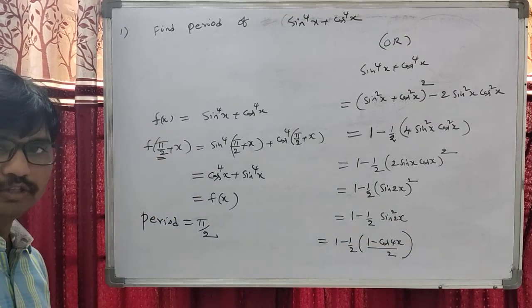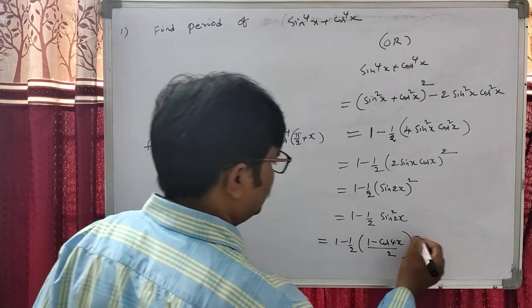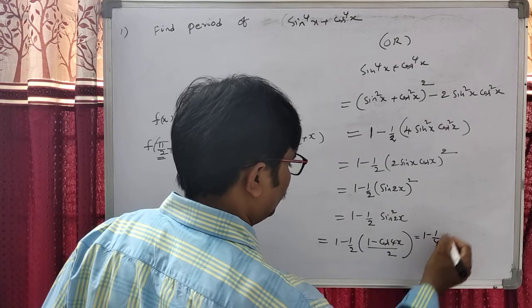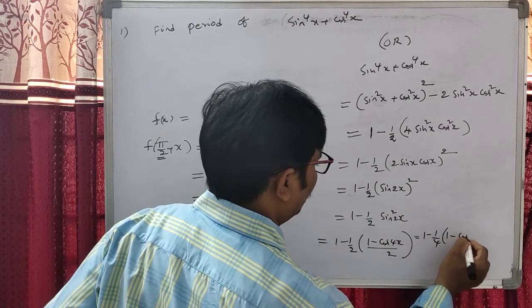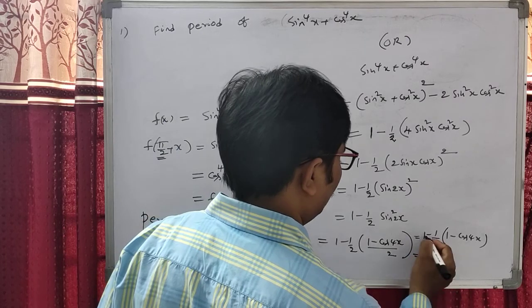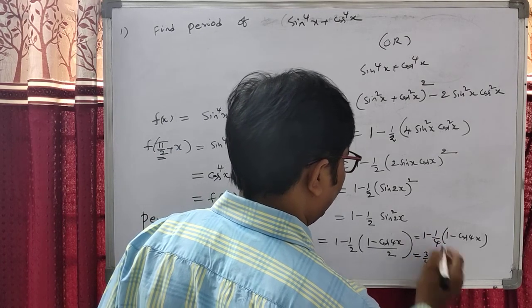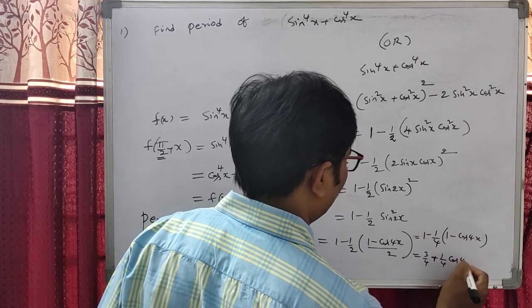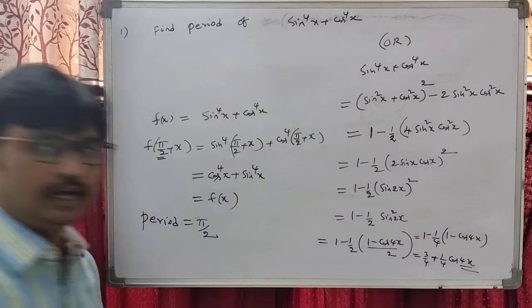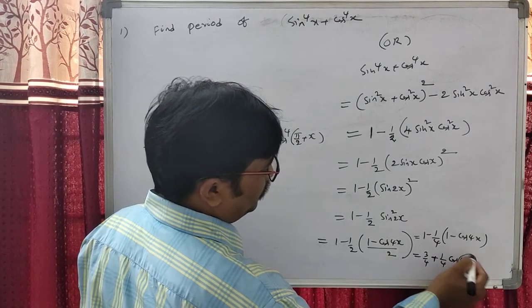Now we can write this as 1 minus 1 by 4 into 1 minus cos of 4x, which is 3 by 4 plus 1 by 4 cos of 4x. Here we compare with cos of ax plus b.